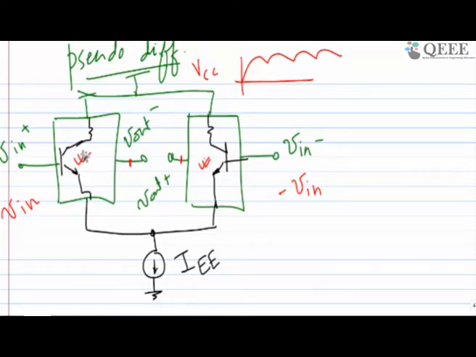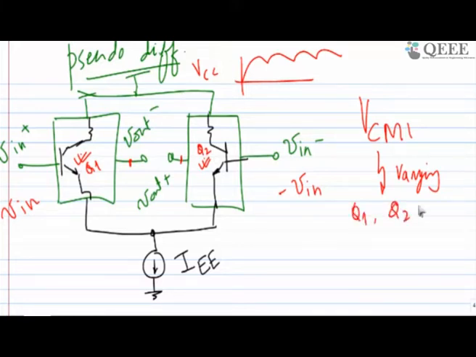Both the transistors have to be in the active region of operation, and that is taken care of by the common mode input voltage. As this is varying, my transistors Q1 and Q2 should not give different currents; IC1 and IC2 both have to be independent of VCMI.